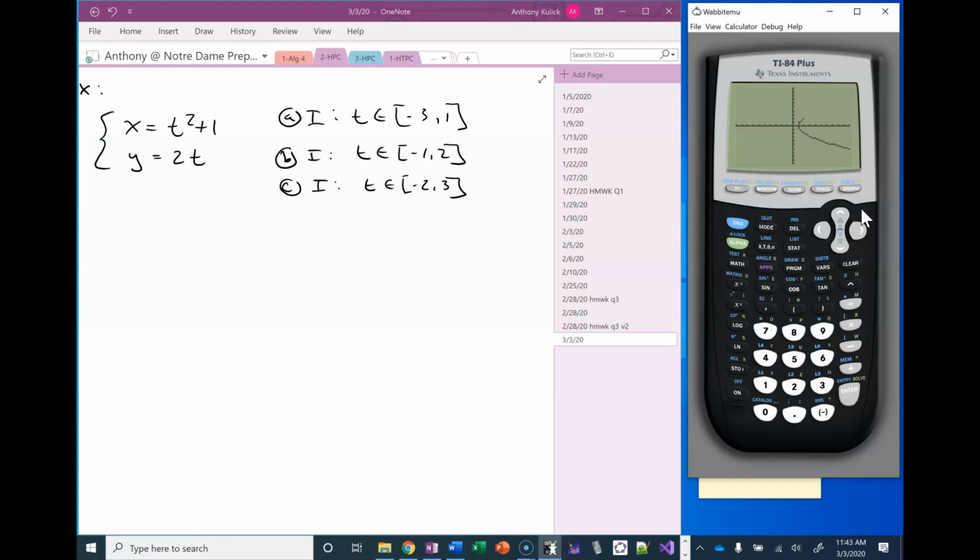Okay. What do you notice about looking at this graph right away? Does this pass a vertical line test? No, right? So with our standard Cartesian definition of a function, this would not be one, right? However, notice that we created this just using functions, right?